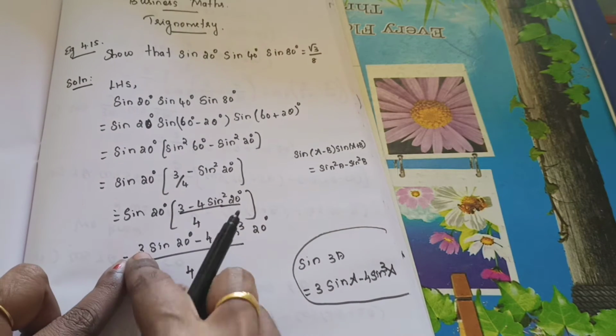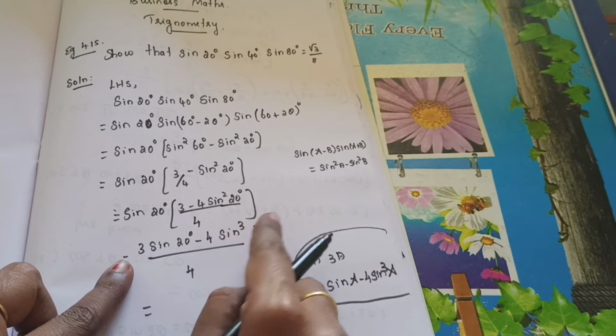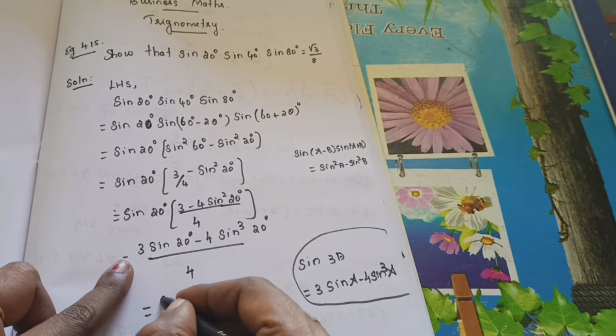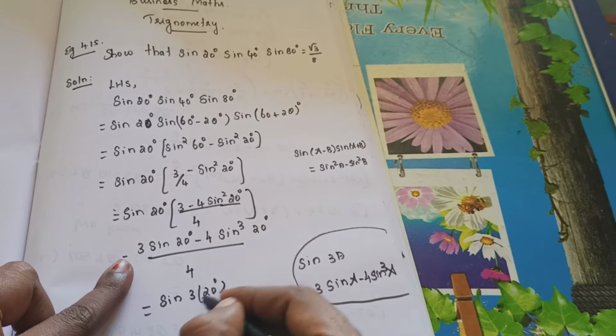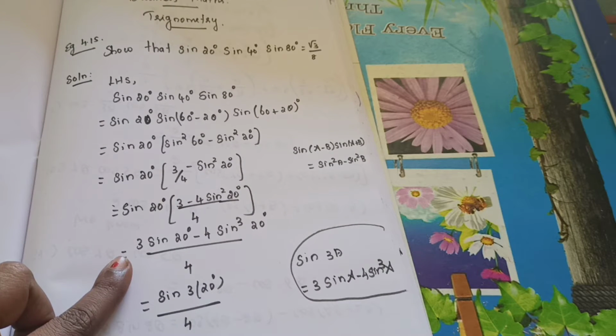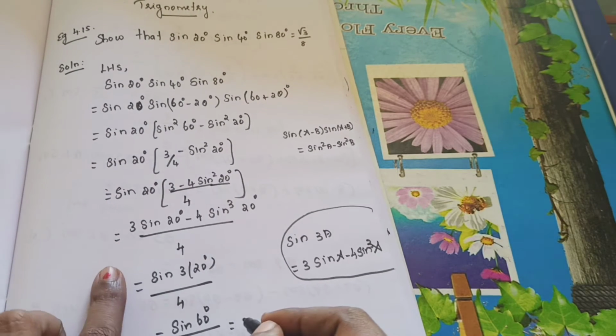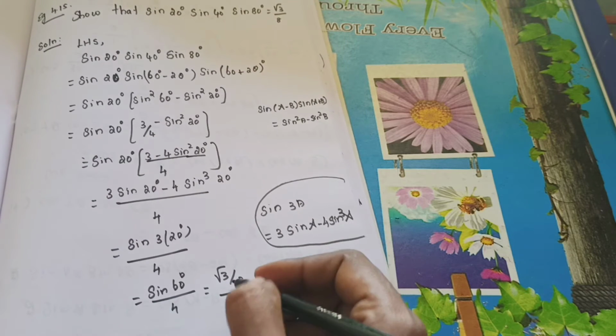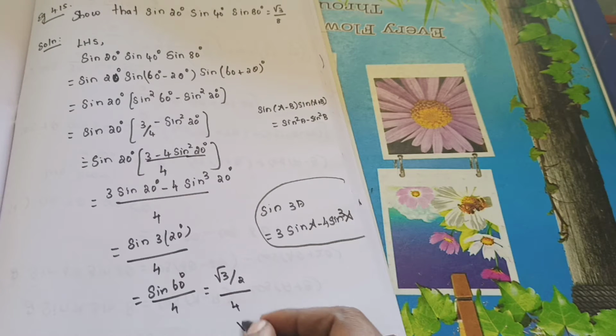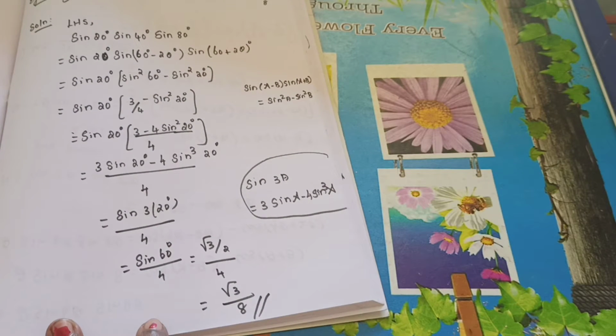So it is in the form of 3 sine A minus 4 sine cube A. So how will you write sine 3A? Sine 3 into 20 degree divided by 4. So that's equal to sine 60 degree divided by 4. What's the value for sine 60 degree? Root 3 by 2 divided by 4. So how much you will get? Root 3 by 2 into 4 means 8. So hence proved. Understand? So very easy.